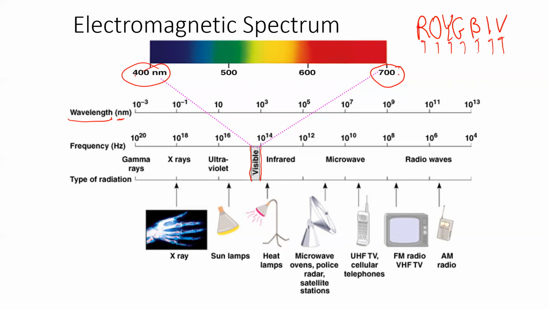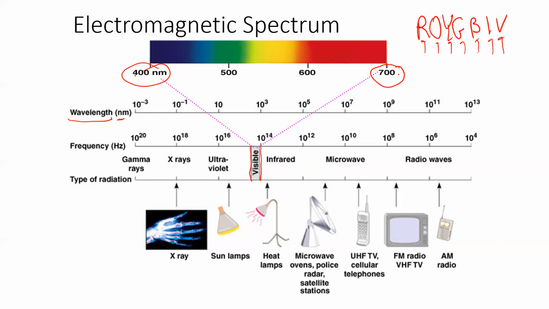Now, what is shorter than visible light, where our eyes can't really process this particular wavelength? It's not long enough to stimulate the receptors in our eyes, the cones and rods.